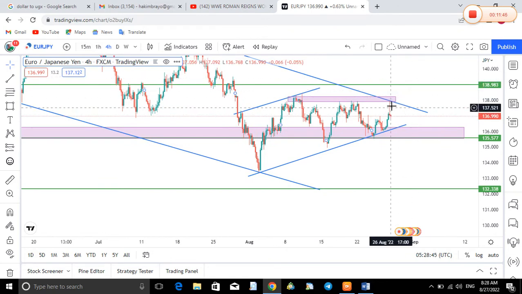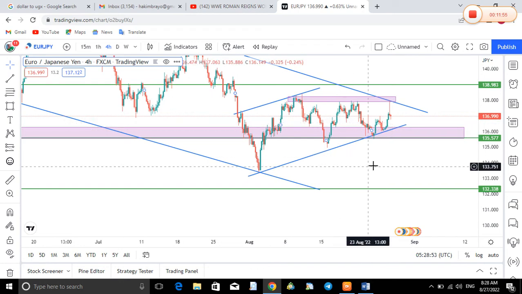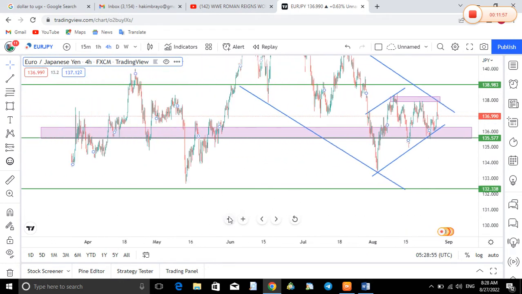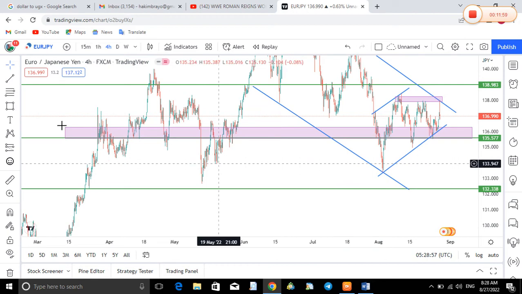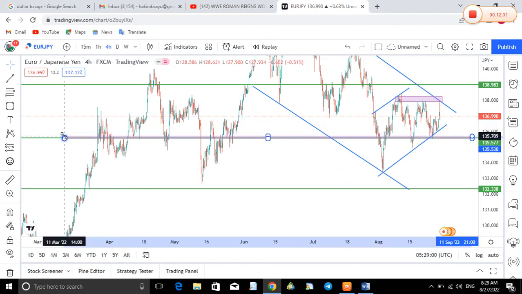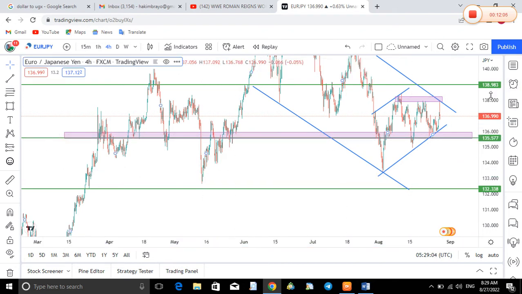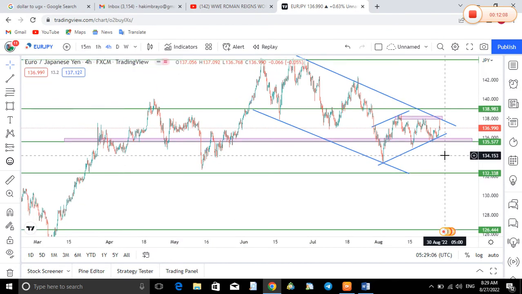When the price touched this level of Euro JPY, we had a lot of selling pressure, which pushed the price back to the downside. Now we are asking ourselves, where is Euro JPY heading? At the moment, like I've told you before, Euro JPY is in a little bit of consolidation. I don't know whether you can see it. So it has the possibility of dropping, coming back here to gain momentum to break this level.